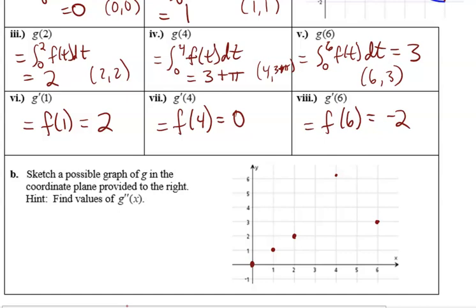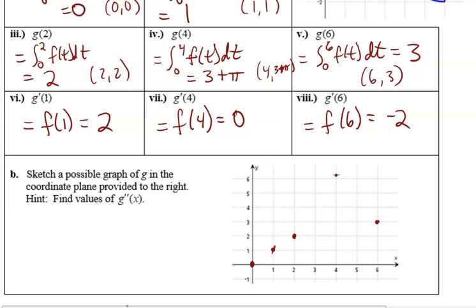We do know the slopes at some other points. Oh, did I miss? Wait a second. Yeah. Okay, so I do know at x equals 4, g has a slope of 0, meaning we've got a horizontal tangent there. At 1, we have a slope of 2, so I'm going to put just a little tangent line there.